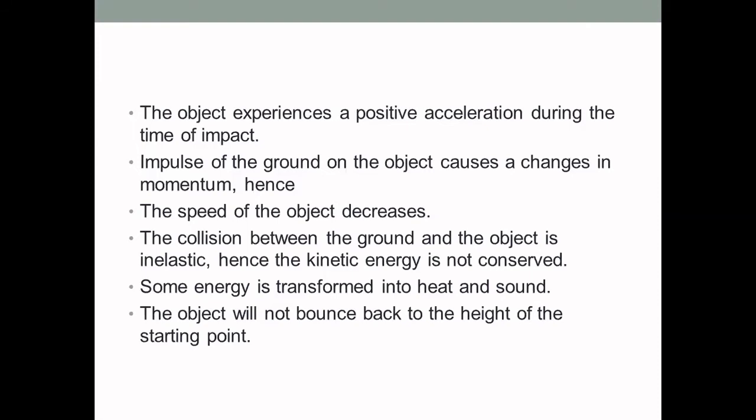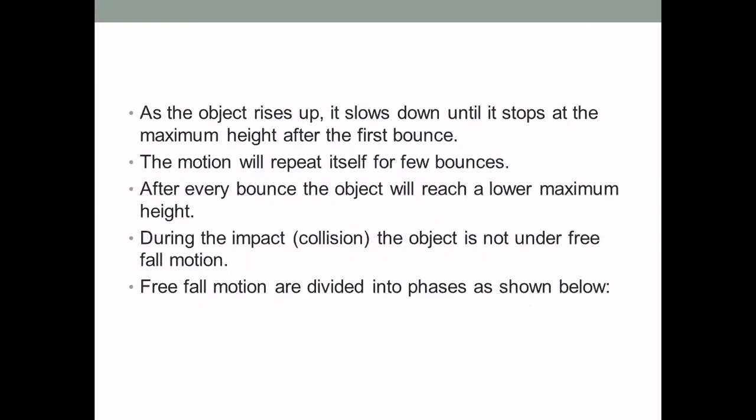Some energy is transferred into heat and sound. The object will not bounce back to the height of the starting point because a certain amount of energy is lost. As the object rises up, it slows down until it stops at the maximum height after the first bounce. The motion will repeat itself for a few bounces.